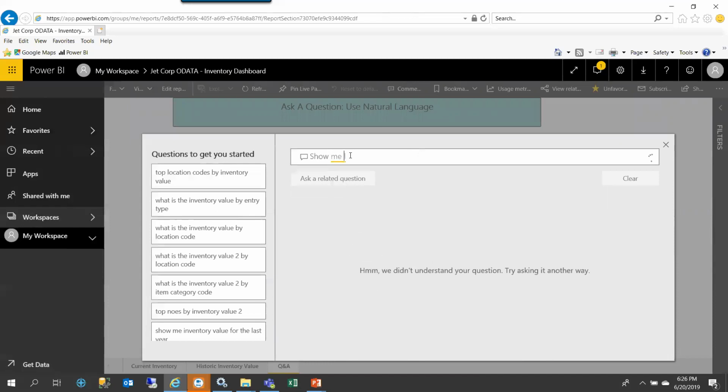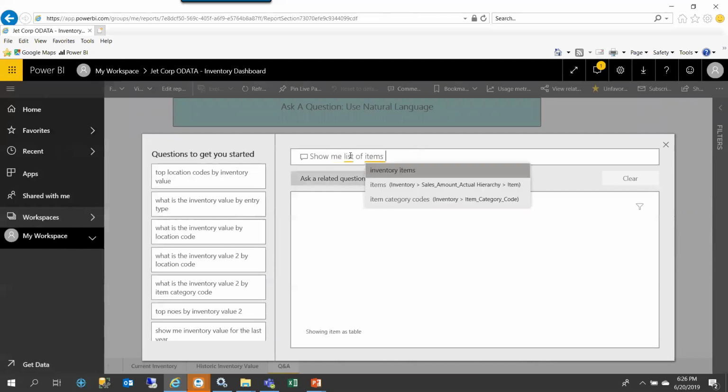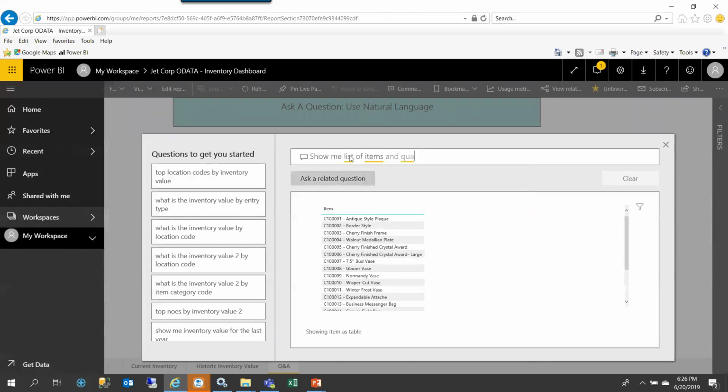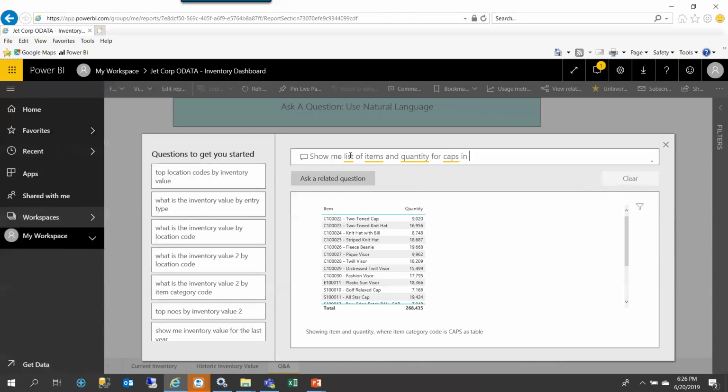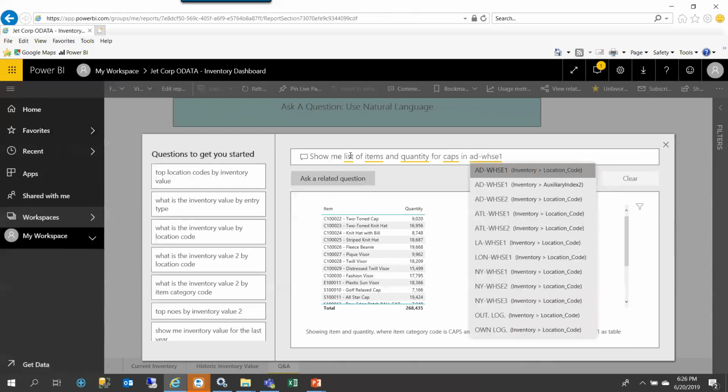Show me a list of items and quantity for caps in ADWHS1, which is the warehouse.